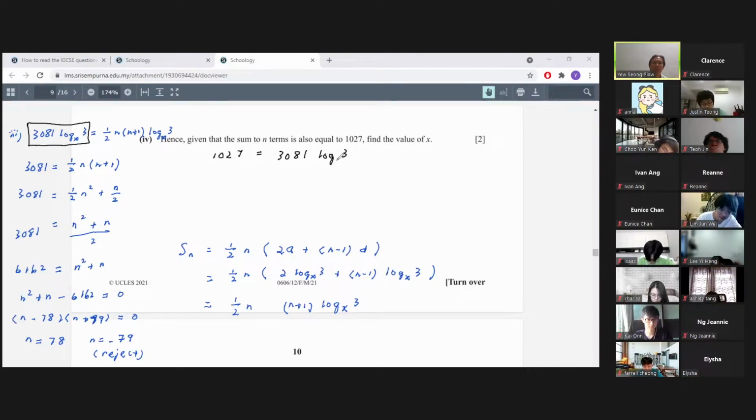Oh yeah. Okay. The question said this sum equals 1027.